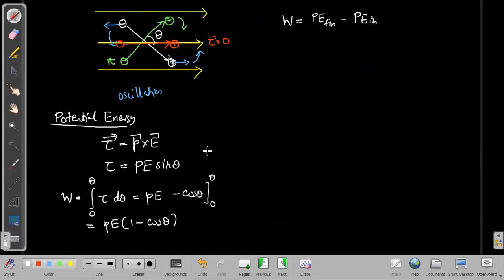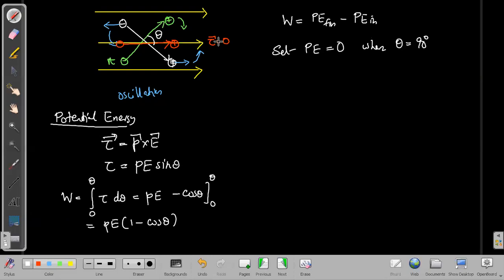In order to get the expression for the potential energy, we first have to set the zero point, the reference point of potential energy. So we'll set the potential energy equal to 0 when theta equals 90 degrees.